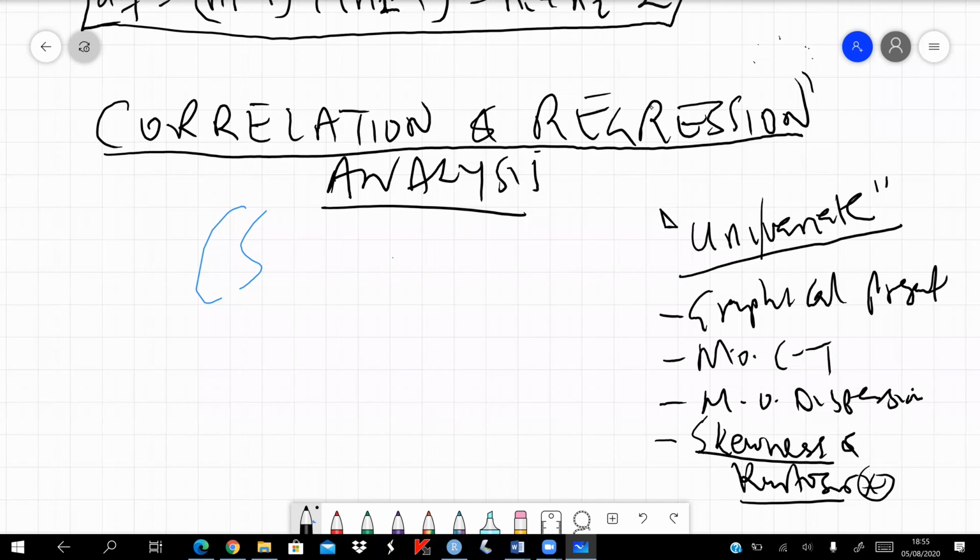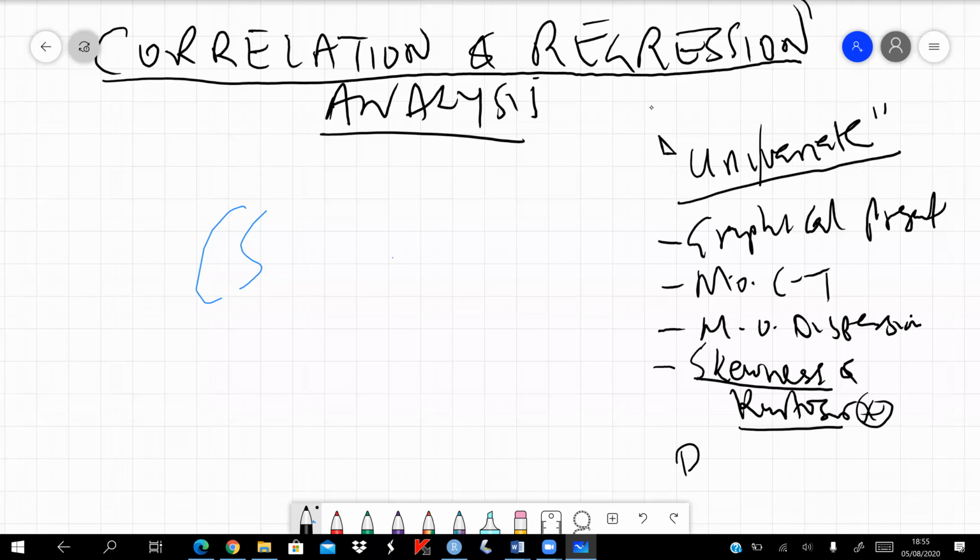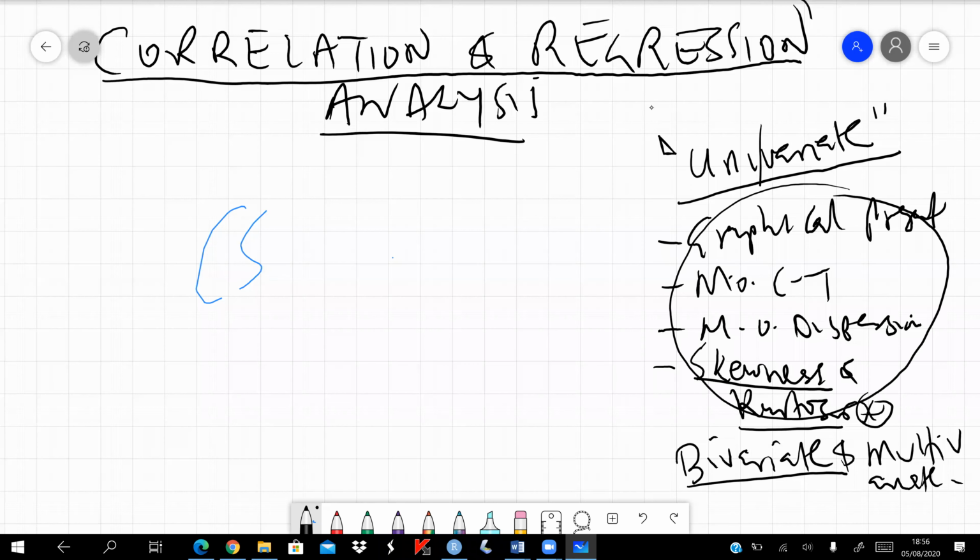So now we are going to introduce ourselves to what we call bivariate data. Bivariate data is data comprising two variables, and we shall extend it to multivariate data. So when we have data comprising three variables, you find that the measures that you covered in statistics 1 or under univariate data analysis are not sufficient.